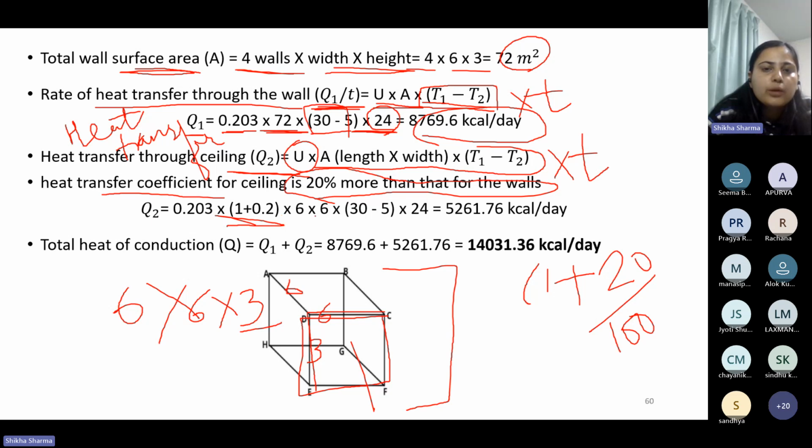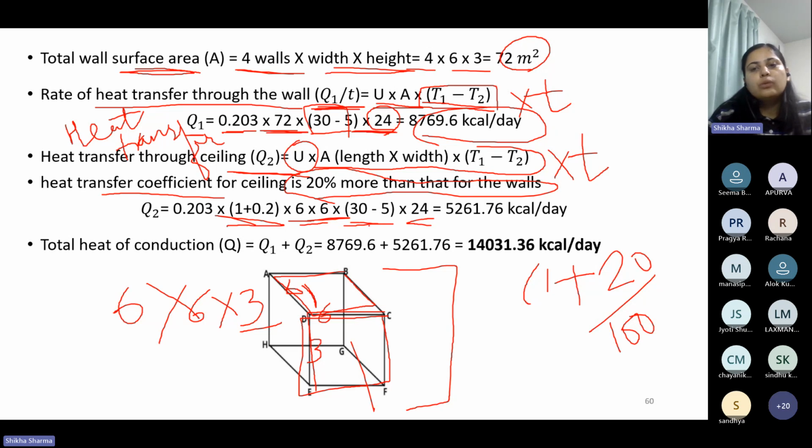So 0.203 into 1.2, then area. Now this ceiling is this part, so 6 into 6, length into width, into temperature gradient, which is 30 minus 5, into time, which is 24, because we are calculating in days and we have this in hours.